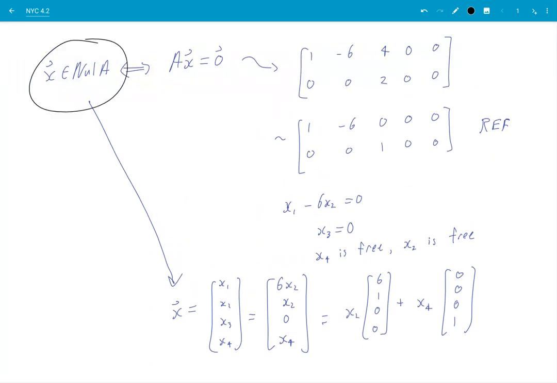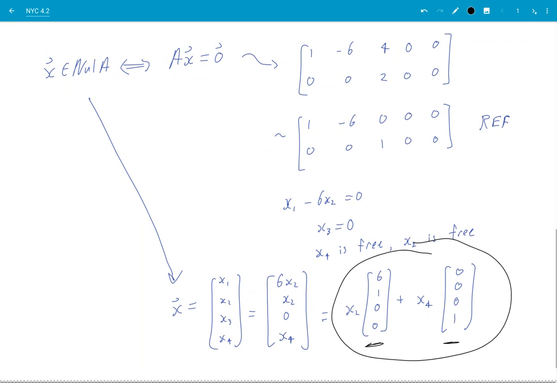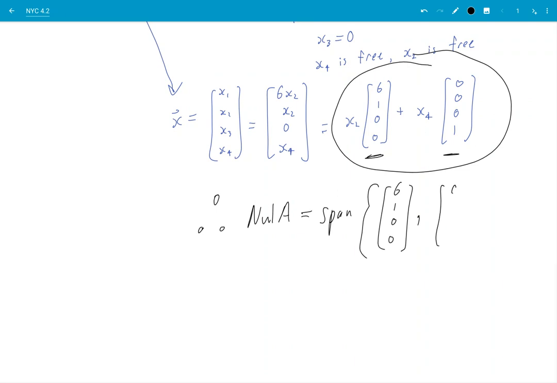If I have an x in the null space, it is a linear combination of this vector and this vector. It tells me my null space is the span of 6, 1, 0, 0, comma, 0, 0, 0, 1. And that's a pretty good description right there for our null space.